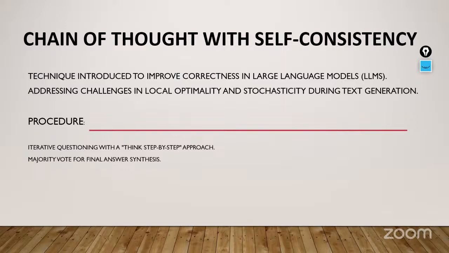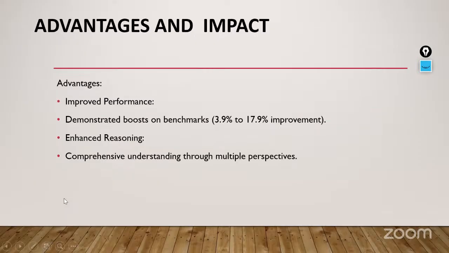So what is the procedure for chain of thought? We ask a model to think iteratively, following a step-by-step approach, and then it will give us the answer. What are the different advantages? The advantage of chain of thought is improved performance.